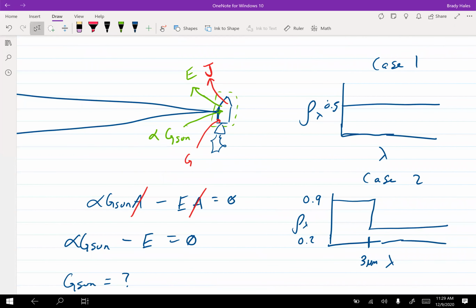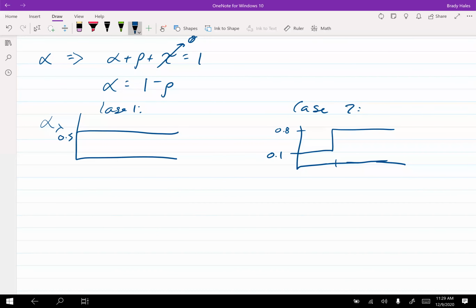Yeah, okay. So it starts off small and ends up bigger, where I believe the transition was at 3 micrometers.